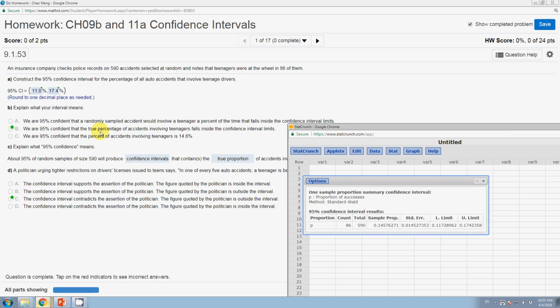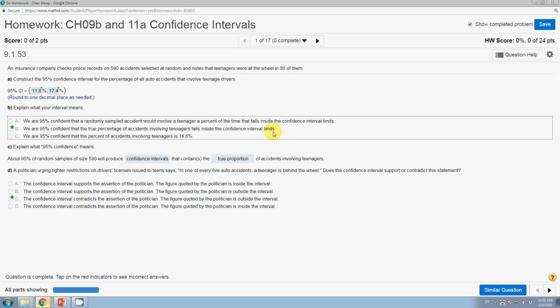You have to mention something like the true proportion or percentage of accidents involving teenagers. The third one is to mention the confidence interval, the two boundaries or the two limits. You have to mention all those three elements.